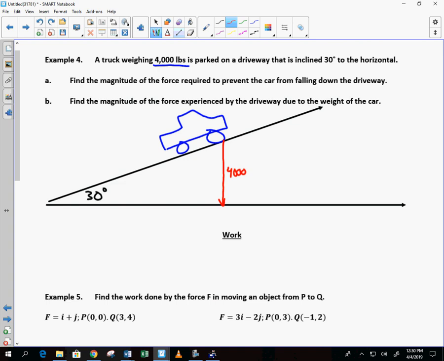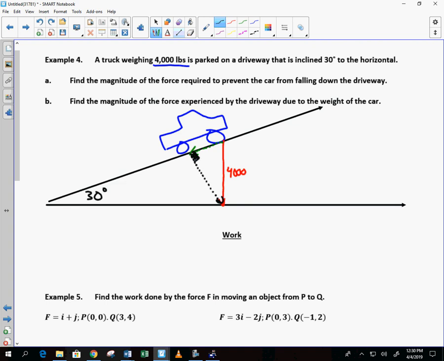And this is going to help us make a smaller triangle that is composed of this truck. All right, that's the gravity, 4,000 pounds straight down. But we also have a force that is required to keep the truck from rolling down the driveway. And then we have another side, the force that's exerted against the driveway itself.